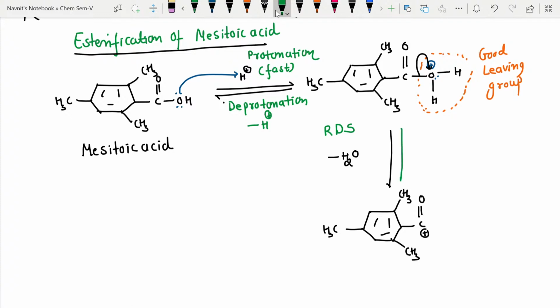A water molecule attacks this carbon, because oxygen has two lone pairs. One of the lone pairs attacks this carbon and we get this structure, but this is a fast step.